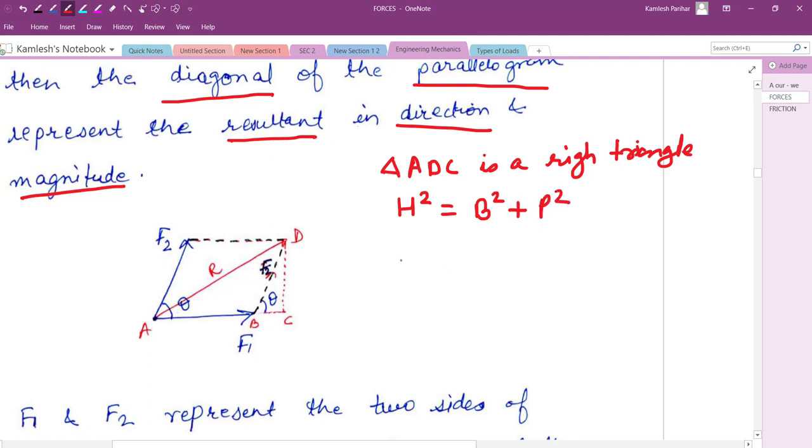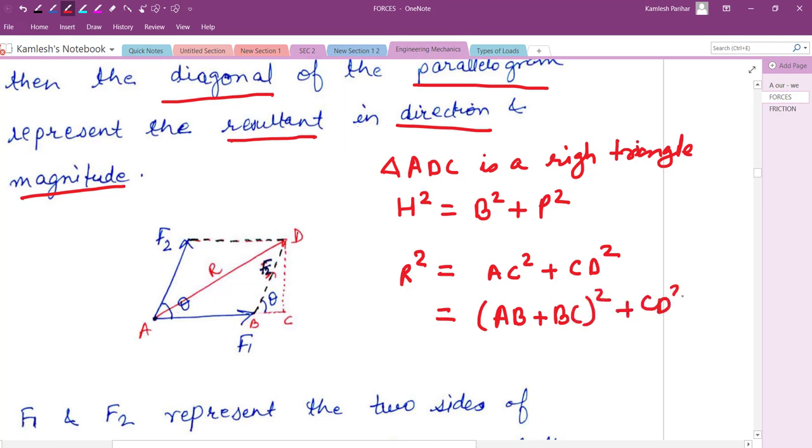So I can write h square equal to R square, because hypotenuse equals resultant. So R square equals base square plus perpendicular square. Base is AC and CD is the perpendicular. This AC I can write as AB plus BC, whole square, plus CD square.